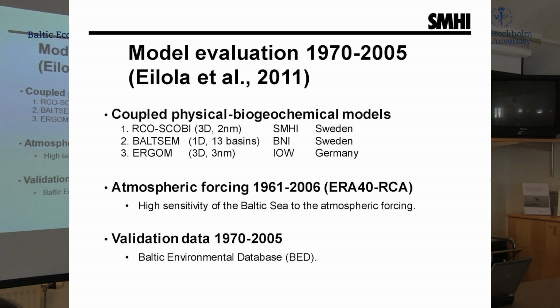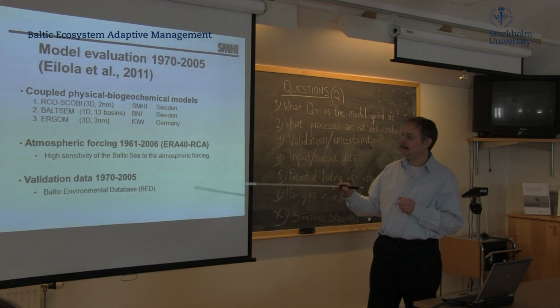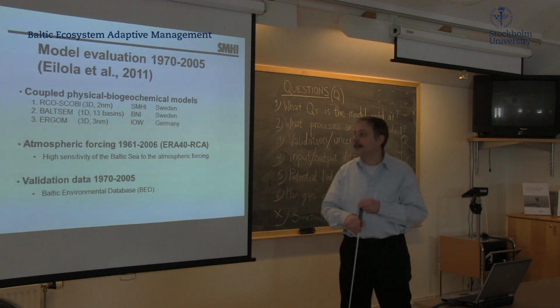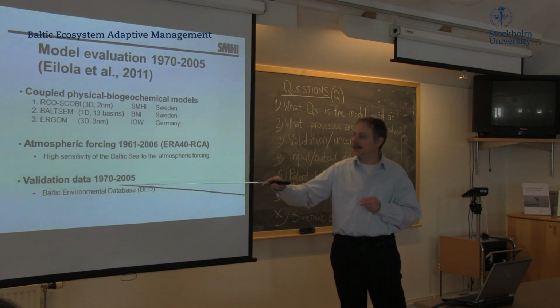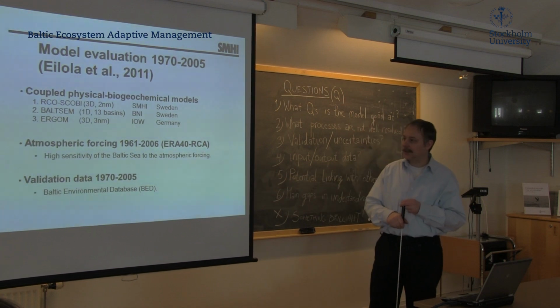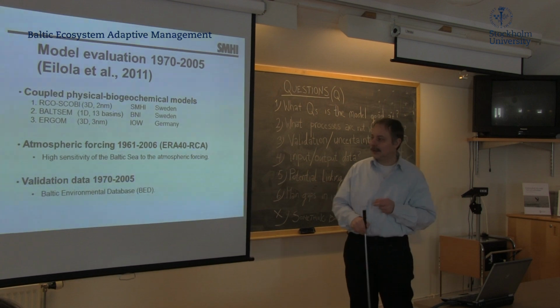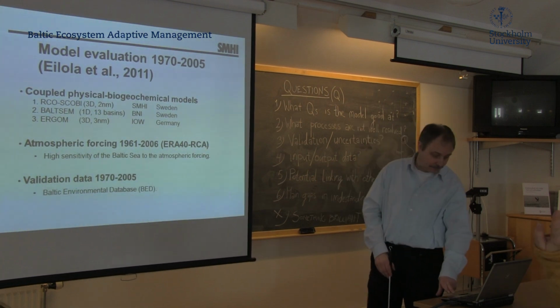And this has been done within ERA 40, a reanalysis, and we have used this, downscaled, to force the Baltic Sea models. This is important because the Baltic Sea has a high sensitivity to the atmospheric forcing. And then we use this period as a validation period using data from the BED database.